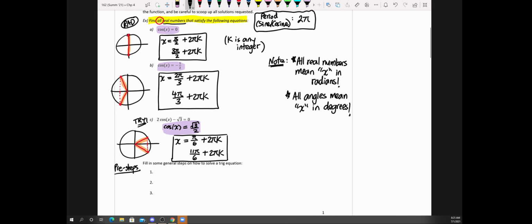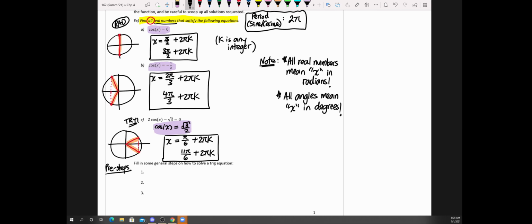The pre-steps: we need to determine, are we finding all solutions or specified solutions? And then degrees or radians.